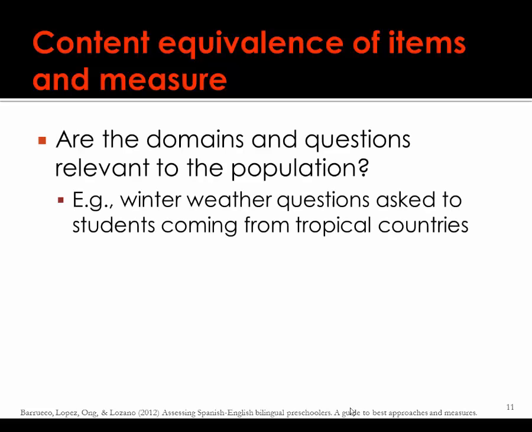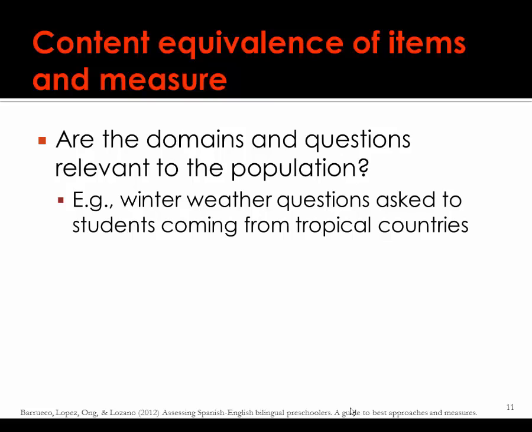So what are some of the specifics about cultural and linguistic appropriateness? When we have a test in two languages, we want to make sure that there is content equivalence of the items and of the measure as a whole. In terms of culture, we want to make sure that the domains and the questions are relevant to the population.